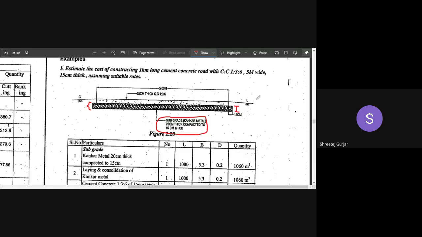Earlier it was 20 centimeter which was laid, and then we compact it to 15 centimeters. But while estimation we take the 20 centimeter itself, the laying quantity, not the 15 centimeter which is after compaction.